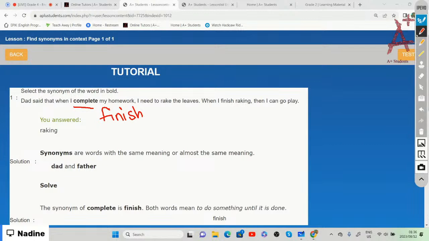So he needs to finish his homework, then he needs to rake the leaves. And when he's finished raking the leaves, then he can go and play. So finish is a synonym of complete. Both complete and finish mean to do something until it is done.